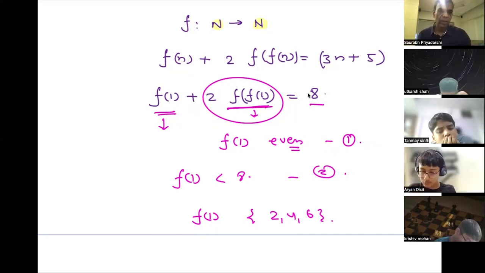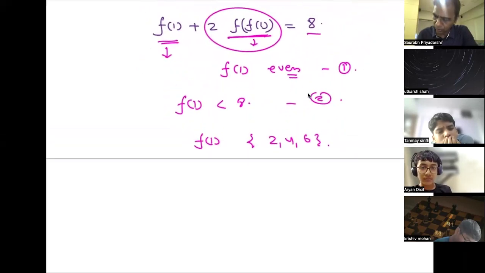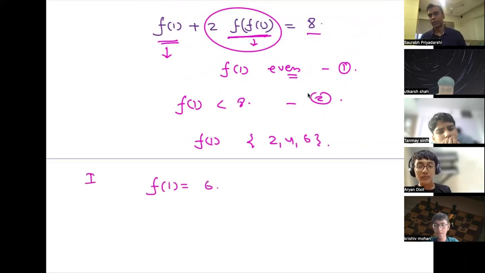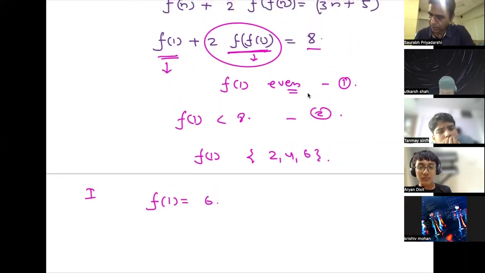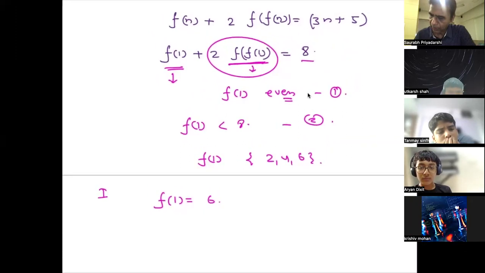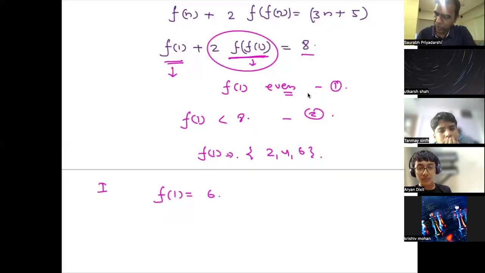So now, let's start with the higher one, right? Suppose f(1) is equal to 6, case first. Our claim is f(1) is equal to 6. So if I put f(1) equal to 6, what is the value of f(6)?